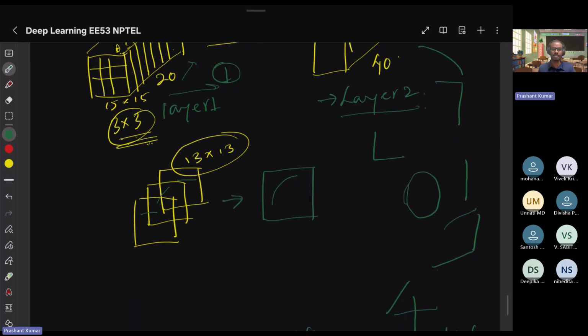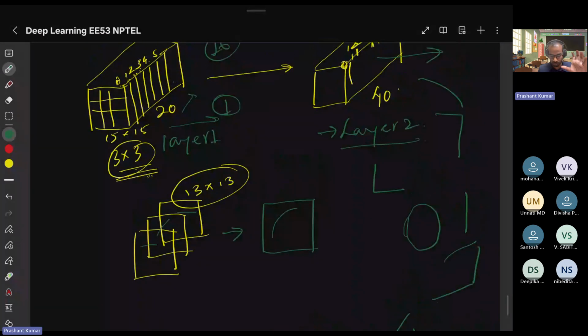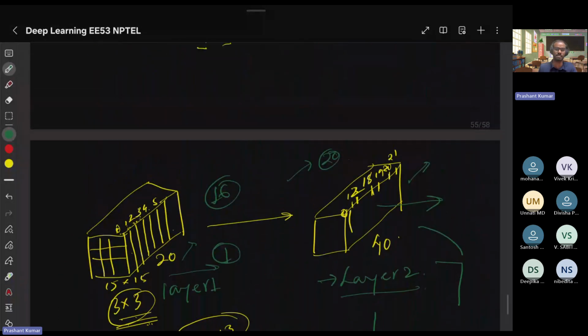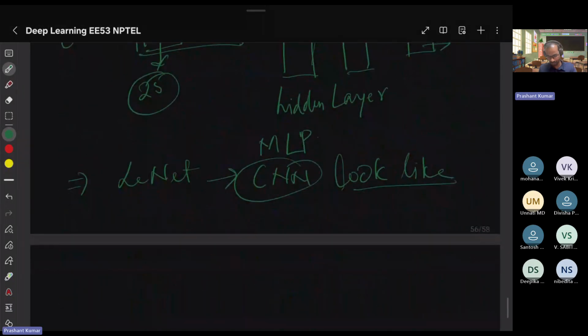That is how you want to create things. Okay, but I think you have understood the nuances of increasing these kernel sizes, right? And how it is helping. So this is what a simple CNN looks like, and then we will see some examples.